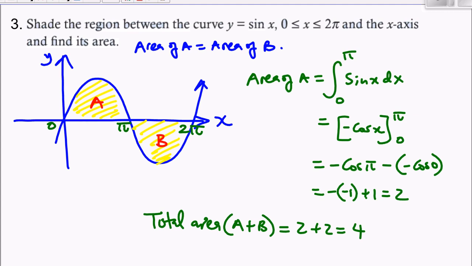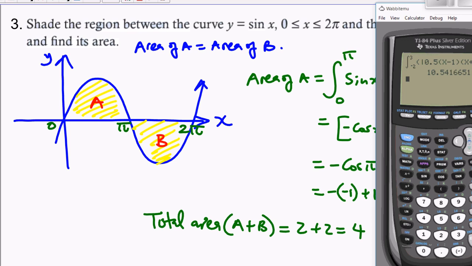If you wanted to work out this question on your calculator, all that you have to do is go to alpha window, and then lower limit is 0, upper limit is 2 pi. And then you have sine x.